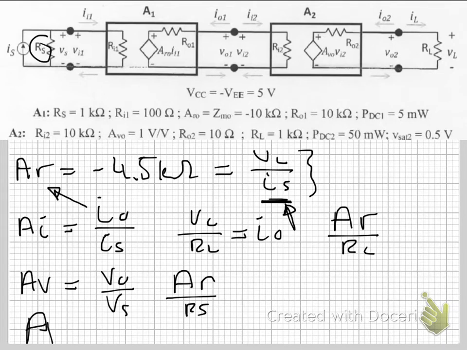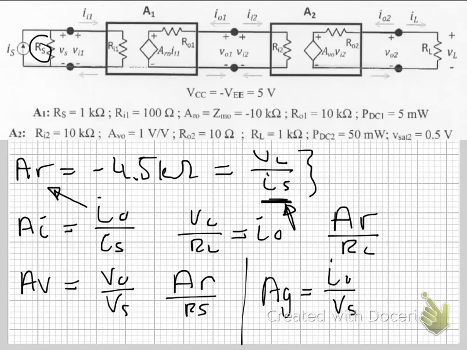And for your transconductance, A of G, for transconductance, I'm actually running out of space here. For transconductance, it is your output current over your input voltage source.